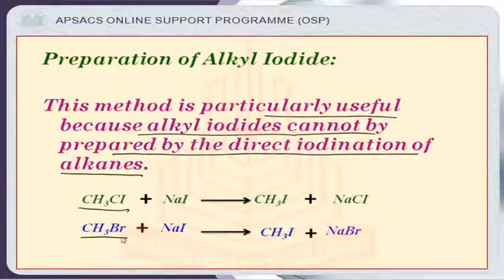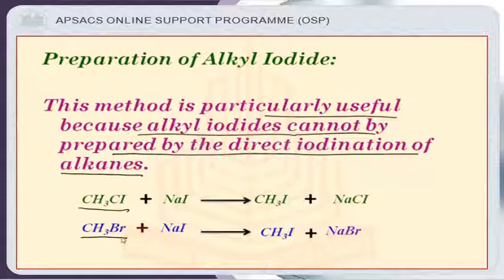The next method is the preparation of alkyl halide with sodium iodide. This method is particularly useful because alkyl iodide cannot be prepared by the direct iodination of alkanes.